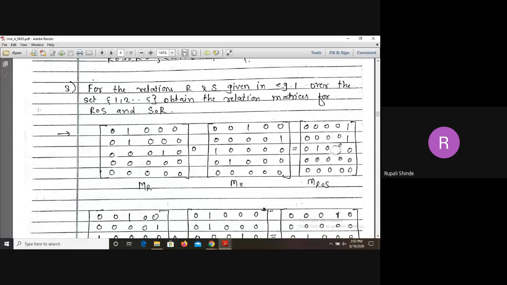Now again they have asked us to find the matrix for S composition R. So can anybody tell me how to find matrix for S composition R?